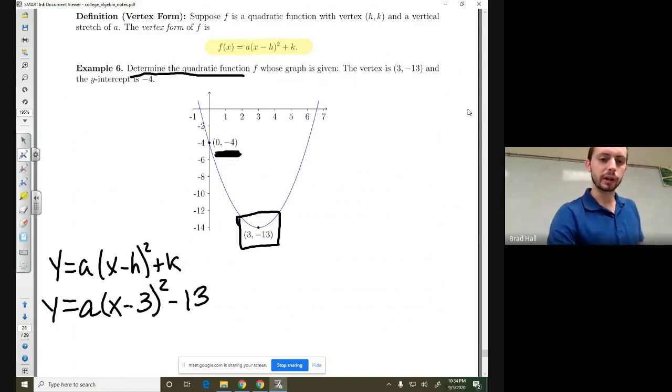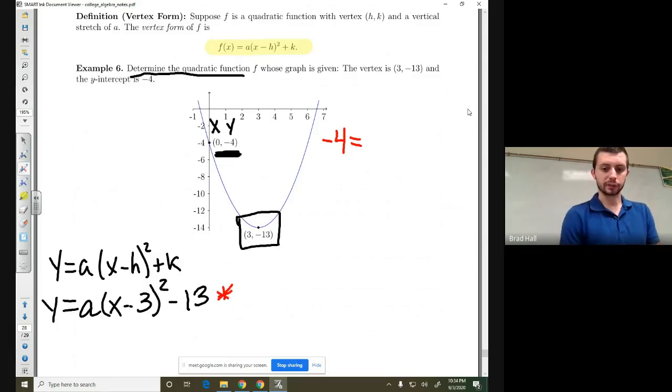Because what this point does is it gives us a temporary value that we can utilize in order to solve for a. So this is going to be scratch work. I'm going to do this in red off to the side here. So for y, I'm going to replace y with negative 4 is equal to, and I'm going straight from here off to the side, and I'll come back to that. So a, we still don't know it. What is x?